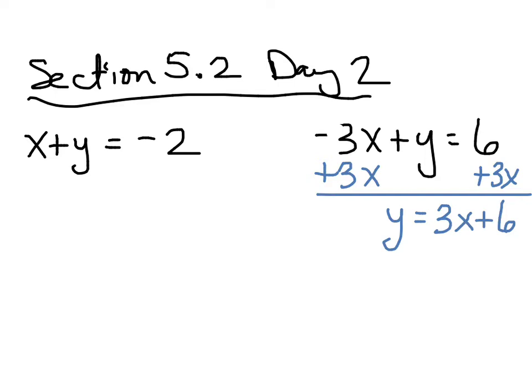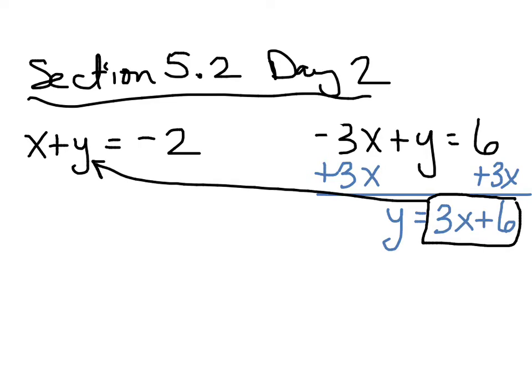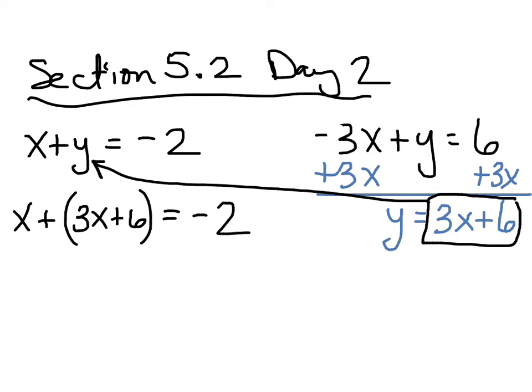Now that we've done this, step 2 says take the expression from step 1 and plug it into the other equation for that letter. So that means I have x plus 3x plus 6 equals -2. So I took the y, I threw it away, and replaced it with what it was equal to. Is everybody okay with that? Good to go?